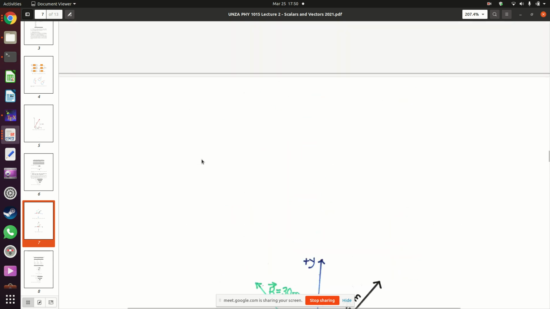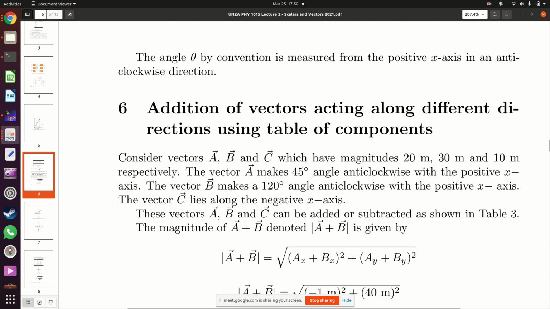The next thing we're going to look at is an example. We'll start looking at this example: addition of vectors acting along different directions using a table of components. So we have three vectors, vector A, vector B, and vector C, which have magnitudes 20 meters, 30 meters, and 100 meters.